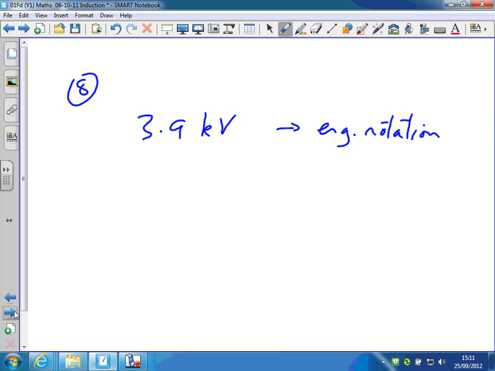So now we know how to get this into engineering notation. So what would that be in engineering notation?